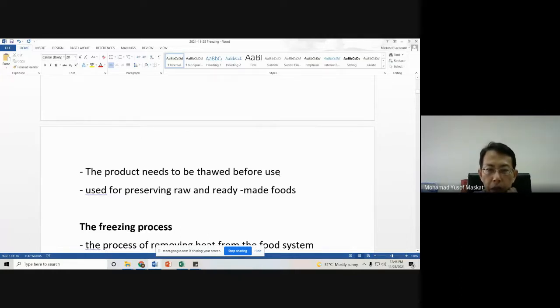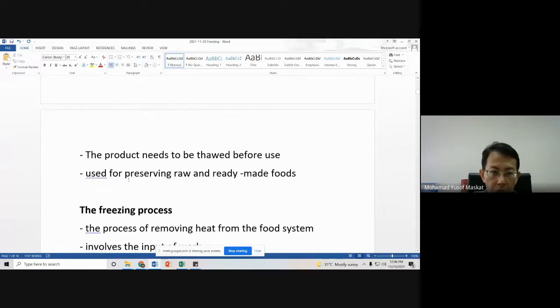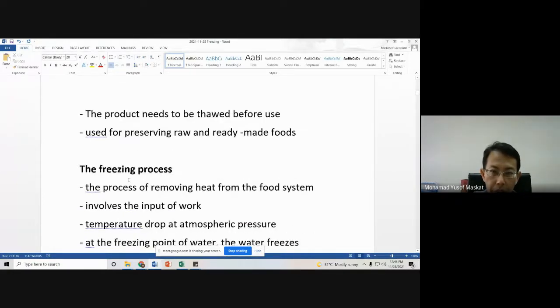RTU means ready to use, RTE means ready to eat products. They are neither of those. So it is more tedious, where you have to take it out, thaw it, wait for some time, and then only you can use it. It is used for preserving raw and also ready-made foods.